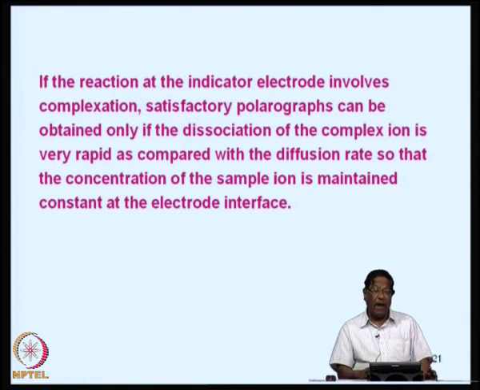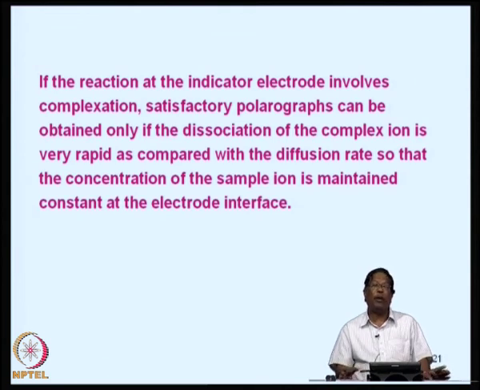Therefore, if the reaction at the indicator electrode involves complexation apart from just normal reduction, then satisfactory polarograms can be obtained only if the dissociation of the complex ion is very rapid.